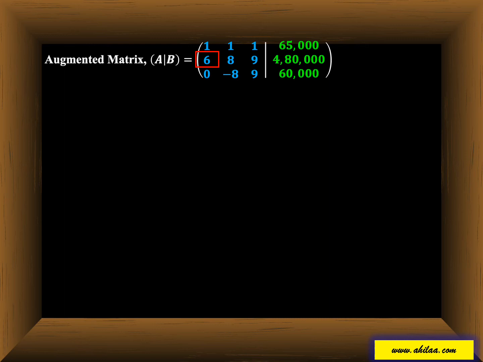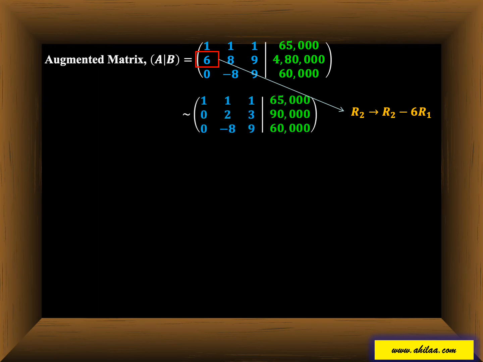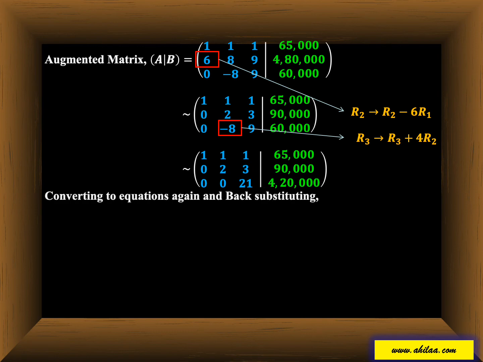So I want to make A21, which is 6 here, to be 0. I make the operation as R2 tends to R2 minus 6 R1 using the first row as a pivot row. A31 is 0 already. So making this operation, we are getting this equivalent matrix. Next I need to convert this A32 element, which is minus 8 here, to be 0 using the operation R3 tends to R3 plus 4 R2 using second row as my pivot row. So this is the equivalent matrix.